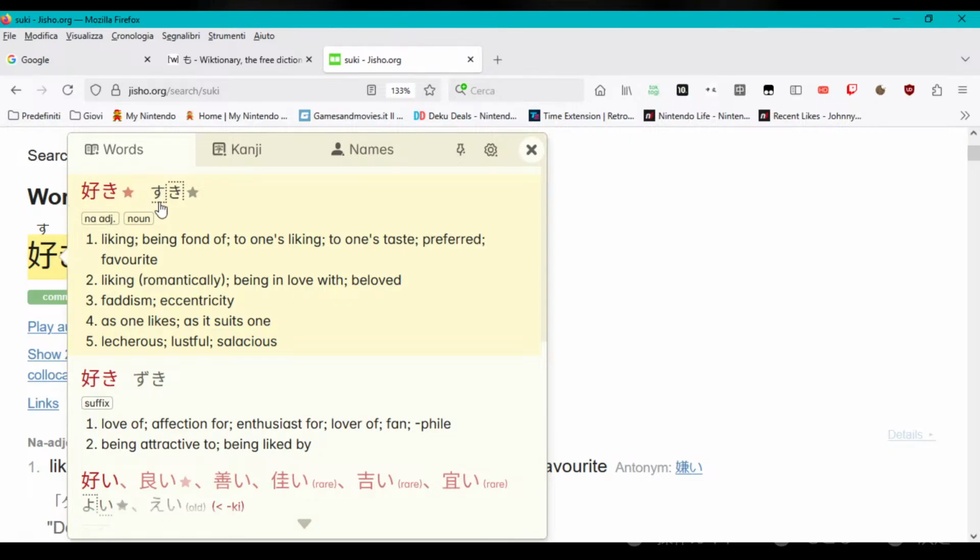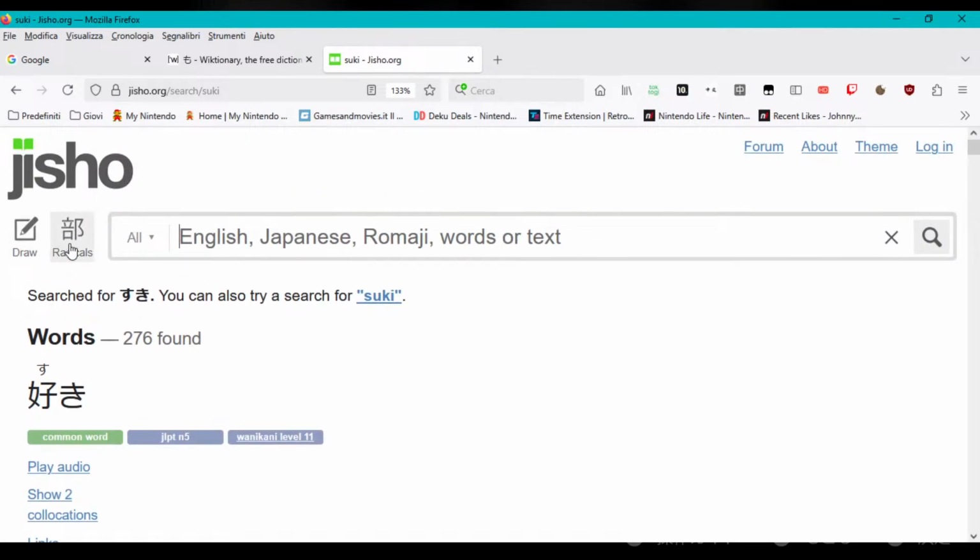For example, a dog which is liked, sukina inu. Or more often than not, you might hear it, the person you like.